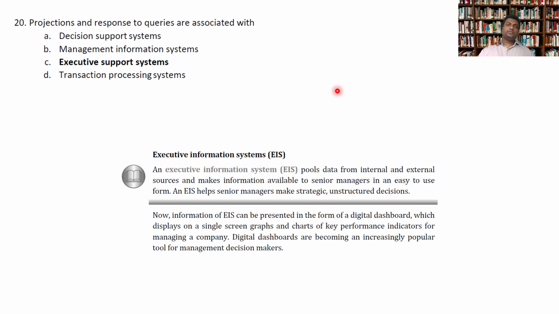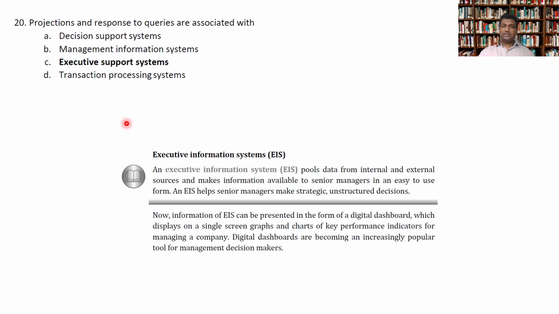Projections and responses to queries are associated with. Now in your textbook there are several information systems discussed in great detail: decision support systems, management information systems, executive support systems, transaction processing systems.